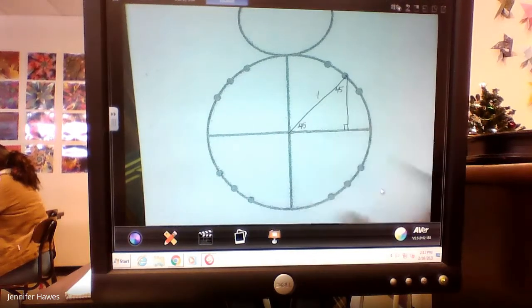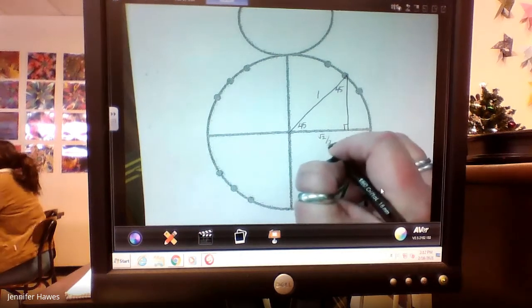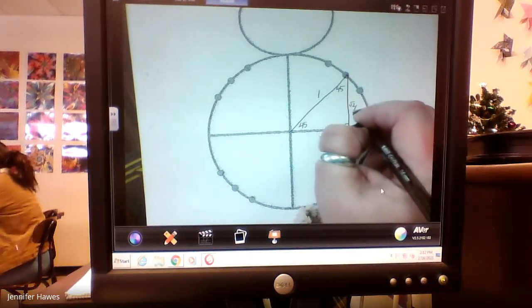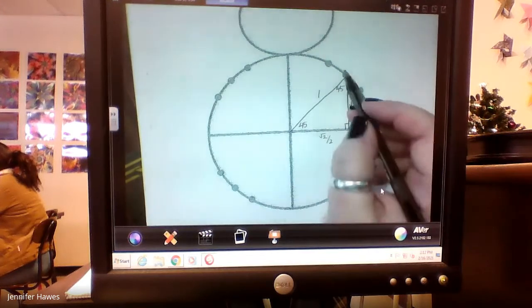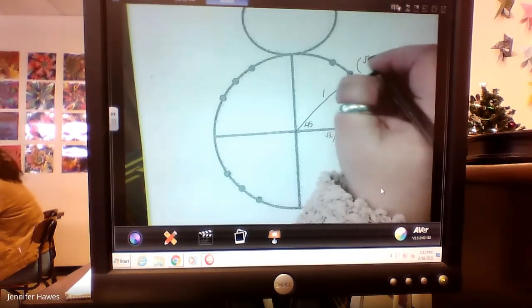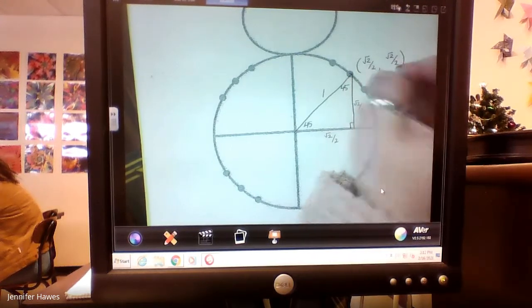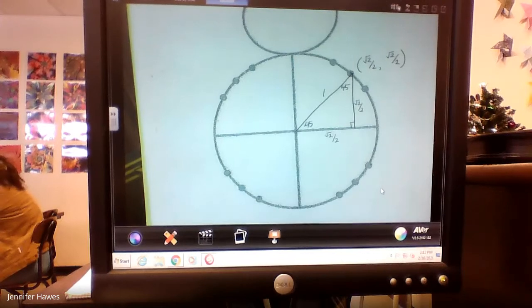What are each of these? Okay. So how do I get to this point right here? I go over, write this, and I go up. And I'll switch out papers. I don't like the triangles on my paper either, so I'm not going to do it after I do this.